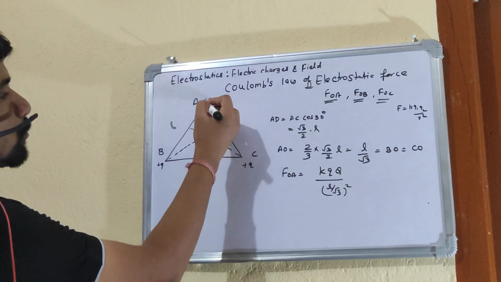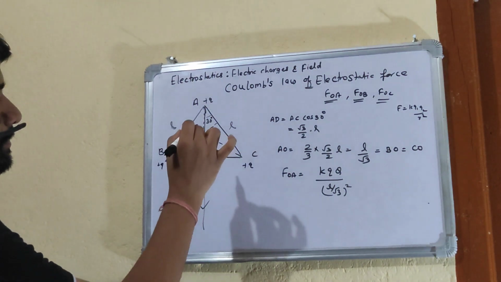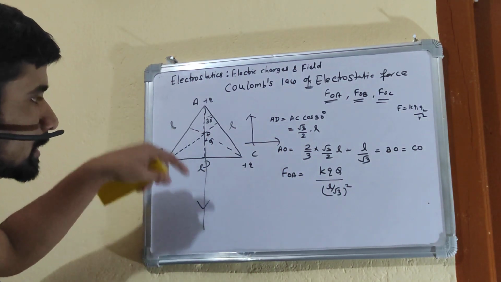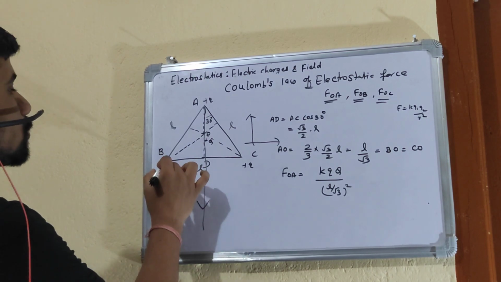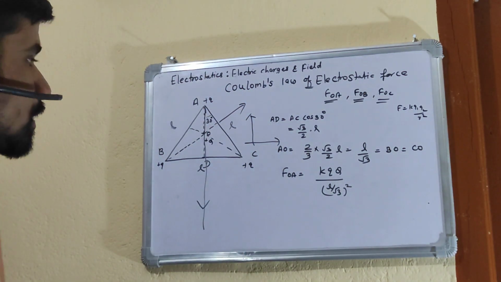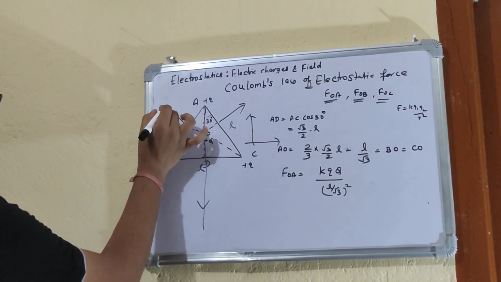Let's say this is our XY axis. Force on O due to A will be exactly in this direction, negative Y. Force on O due to B will be exactly in this particular direction, and force on O due to C will be exactly in this particular direction.